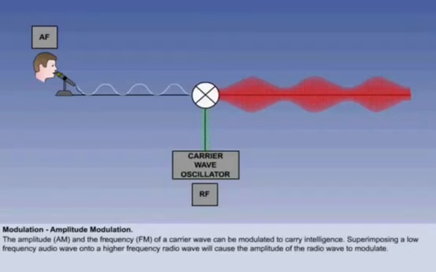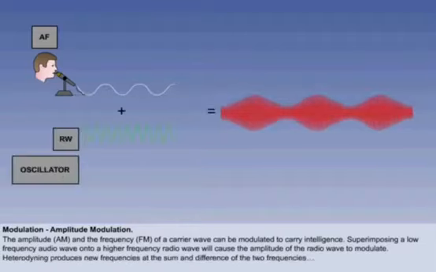It does this by varying the strength of the transmitted radio current according to the pitch and loudness of the speech wave. The process of superimposing one sine wave upon another, such as an audio frequency on a radio frequency, is known as heterodyning. The process combines the two frequencies, leaving the radio frequency unchanged but producing new frequencies at the sum and the difference of the two frequencies.